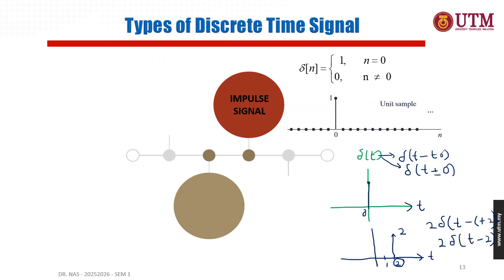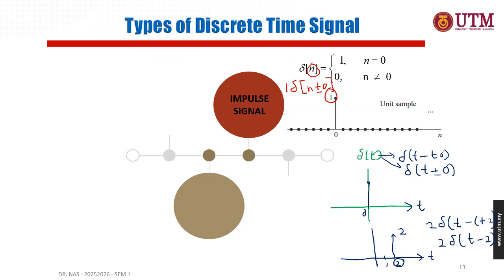Okay, same goes to the impulse in a discrete signal in the n domain. In this case, your δ[n] amplitude is 1, so it is δ[n − 0], because it is at position 0.